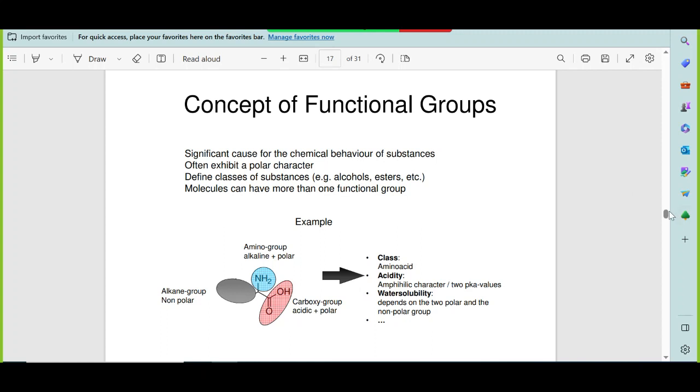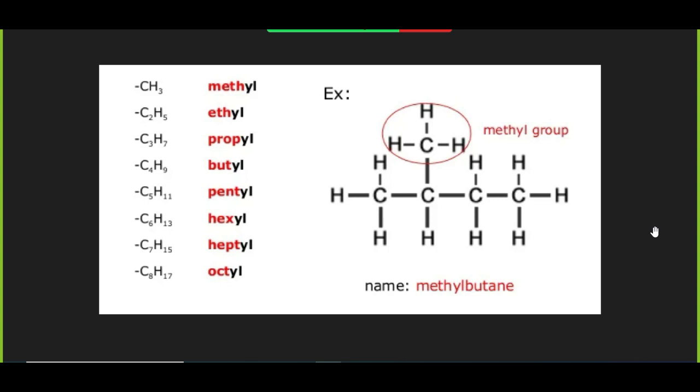Yeah, before starting this chapter, I will just start with an overview of how to name, let's say, the different compounds in organic chemistry. If you watched the previous video, you know that organic chemistry deals with all the compounds that contain carbon covalently bonded with some common elements like hydrogen, nitrogen, oxygen, and other elements, of course, fluorine and so on.